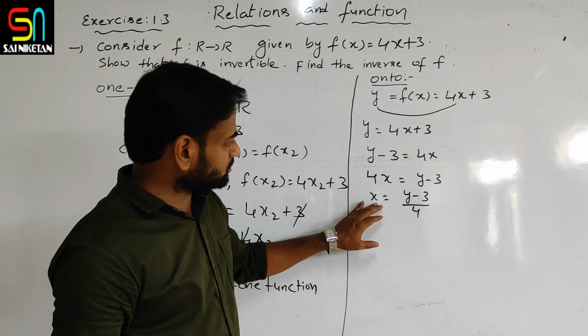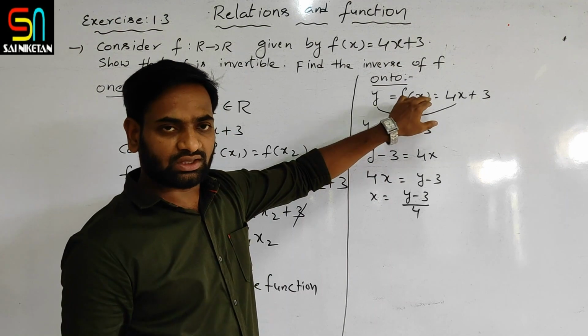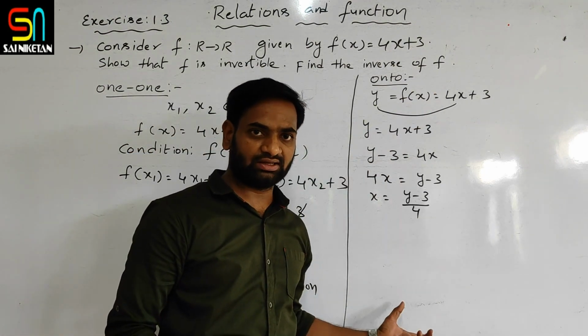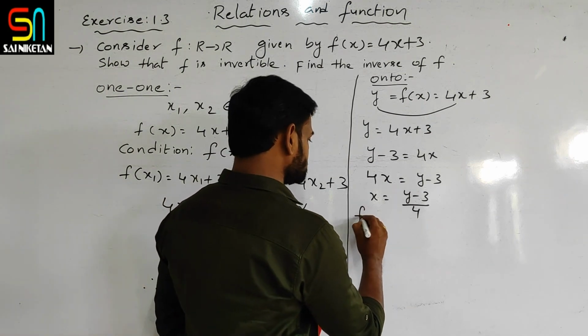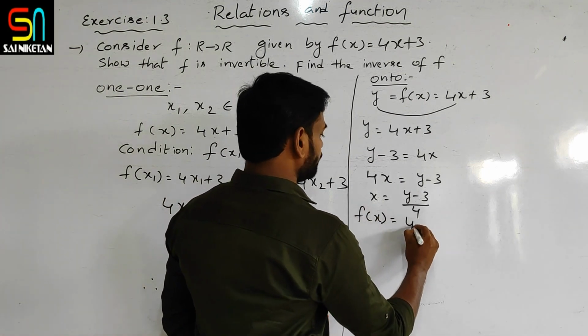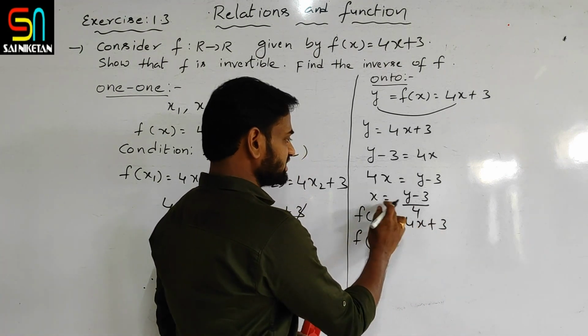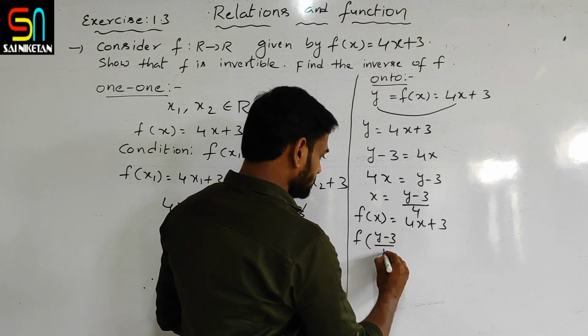Now substitute this x value in the given f of x. If the answer is y, then we can say f is onto. So f of x is 4x plus 3. In place of x I am writing the x value in terms of y, that is y minus 3 by 4.